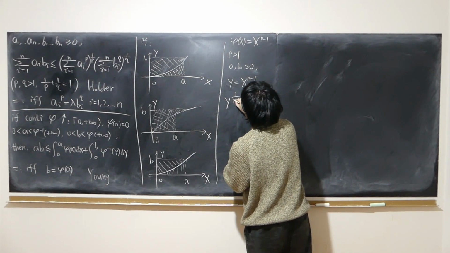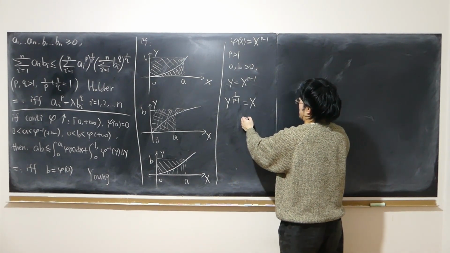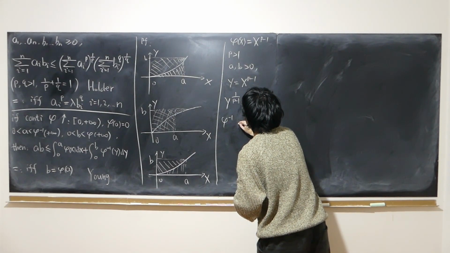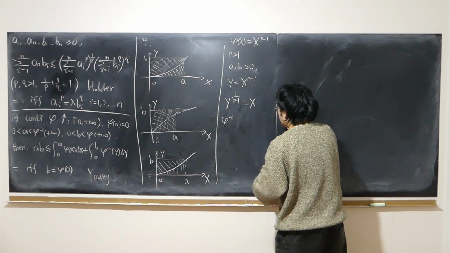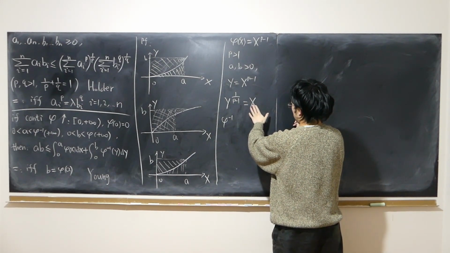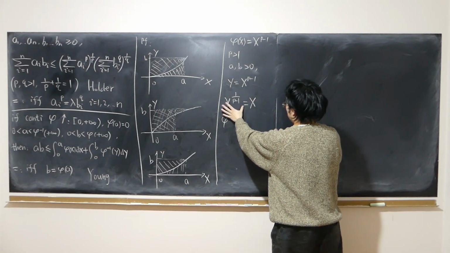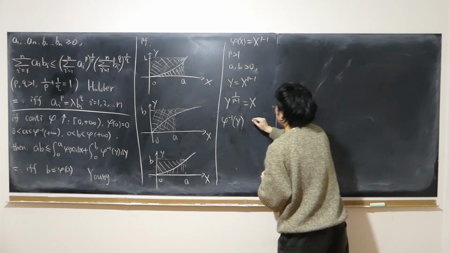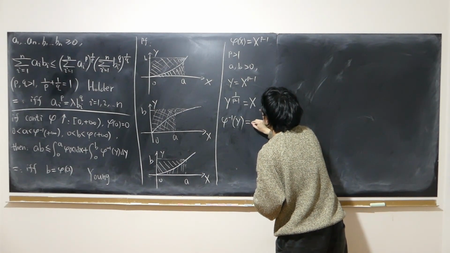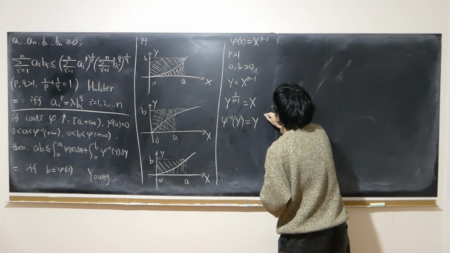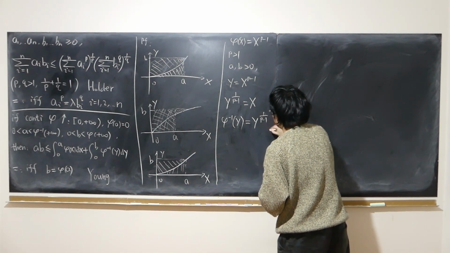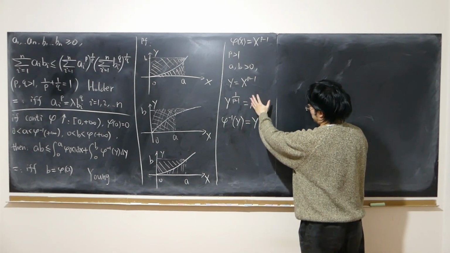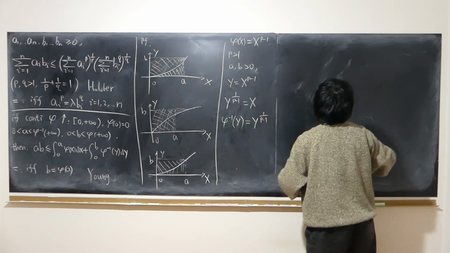So in other words, phi inverse of y is equal to y to the power of 1 over p minus 1, the inverse function, which projects to the value of x. This x.